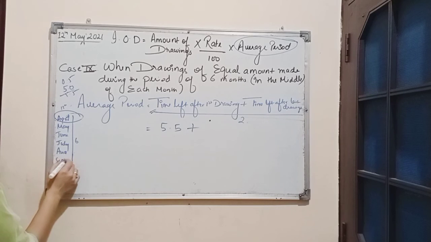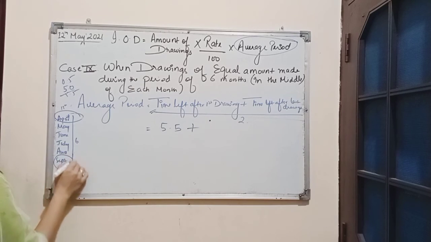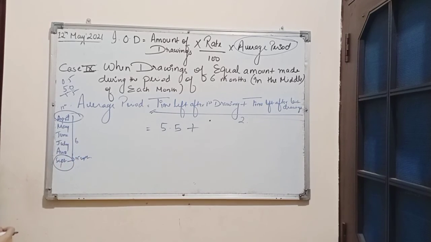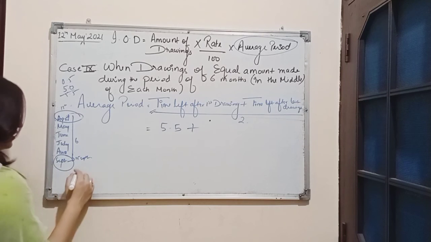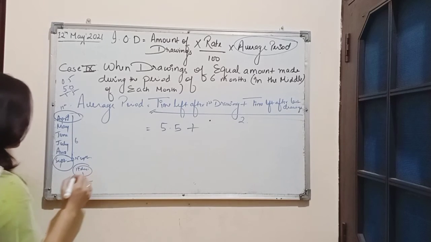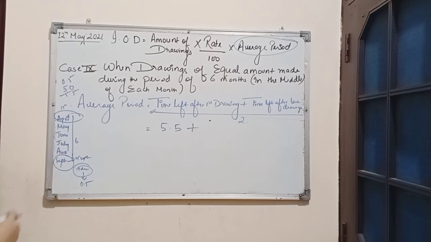So last drawing will be made by the partner on 15th September. So here for completing the month of September, 15 days are remaining. 15 days can be written as 0.5 month. So it is considered as half month.